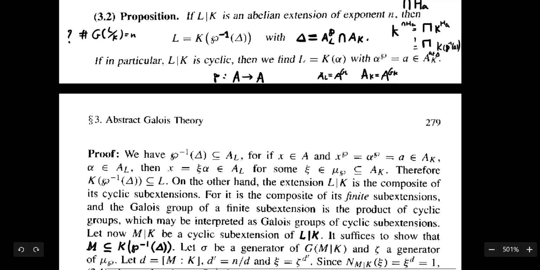Does it mean the fixing point? At this moment it is not very clear. Let's say, in particular, if this is cyclic, then the claim is that L is more precisely an extension by one element.